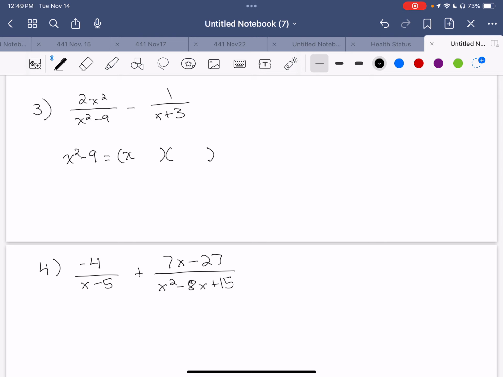So this is x times x. 9 is 3 times 3. 1 positive, 1 negative. Then the middle terms will cancel. So I'm going to erase my denominator and replace it with x plus 3, x minus 3.